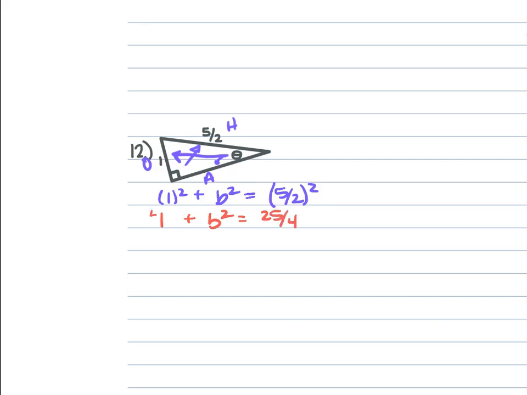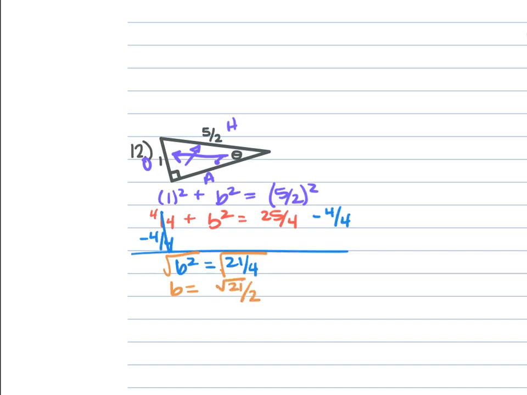We can turn that 1 into 4 over 4. It'll make things a lot easier when we go to subtract it from each side, just so that our denominators have the same number. So this is going to give us b squared is equal to 21 over 4. So we take the square root of both sides from here, and b is equal to the square root of 21 over 2.